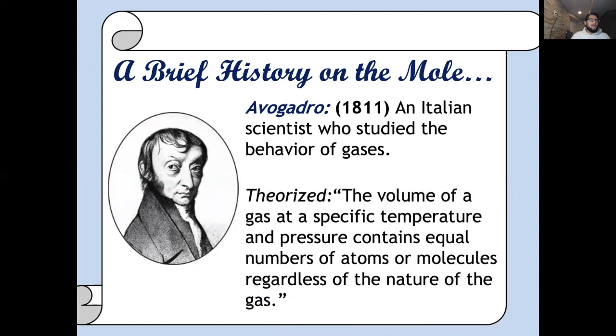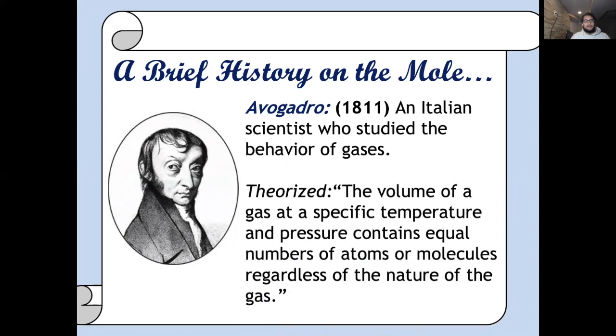So this guy, way back in the day, he thought, okay, look, the volume of a gas at a certain temperature and pressure. So you think about a gas, maybe you might think about a gas in a balloon, right? So if you have 2 balloons that have the same temperature and the same pressure, right? So you're holding them both in your hand, and you think about the volume, how big those balloons are, right?